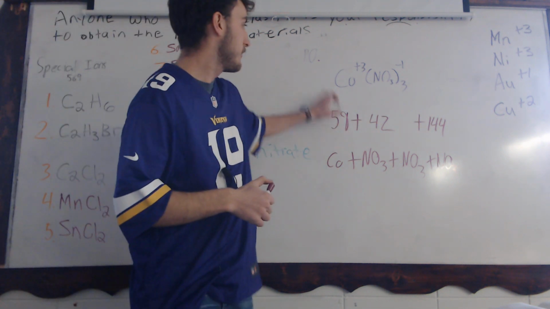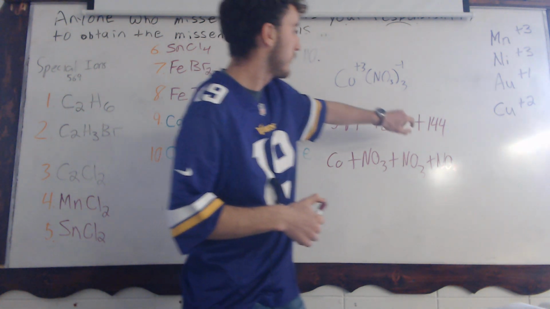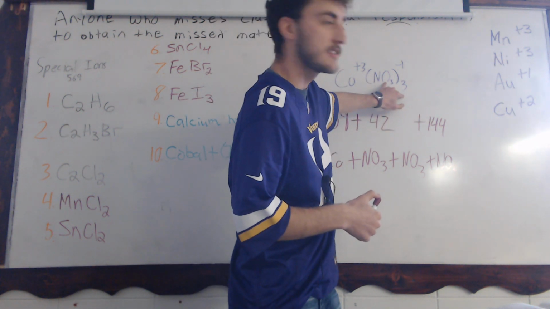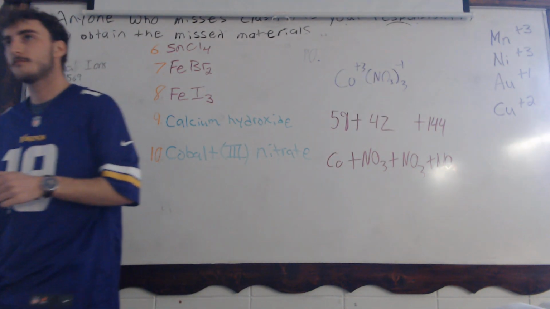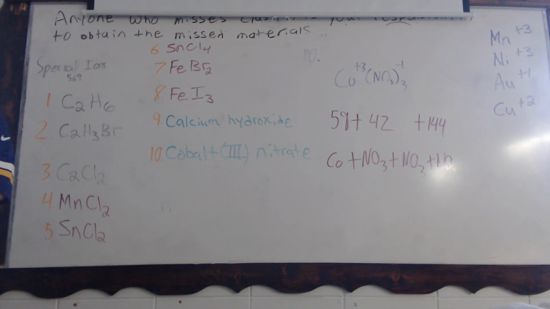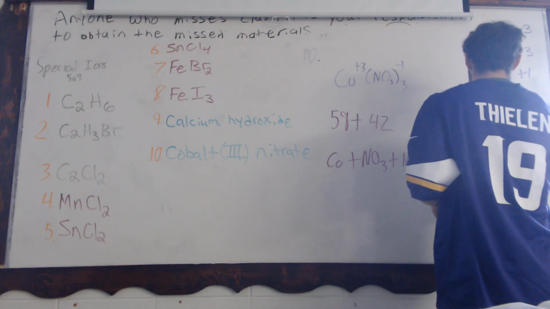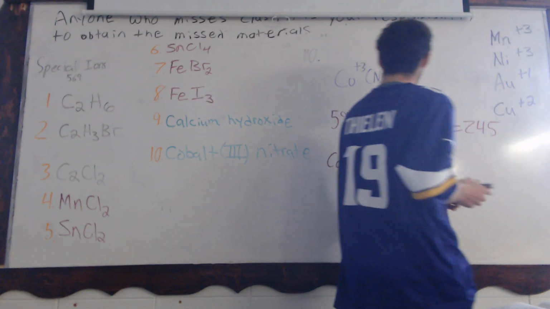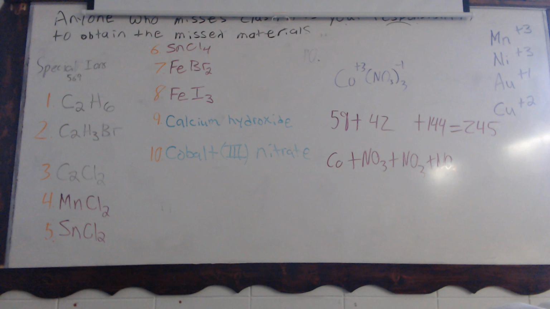Yep. 59, which is our cobalt, 42, which means 3 nitrogen, and 144, which means 9 oxygen. What's our final answer? 245? Okay, a lot of kicking and screaming, but we got her answer.